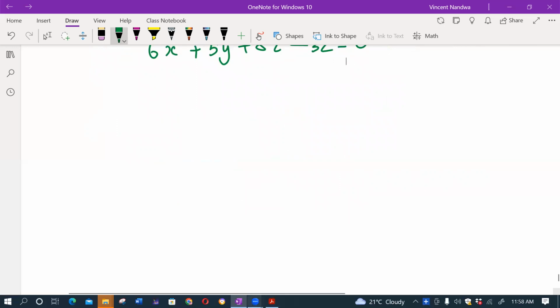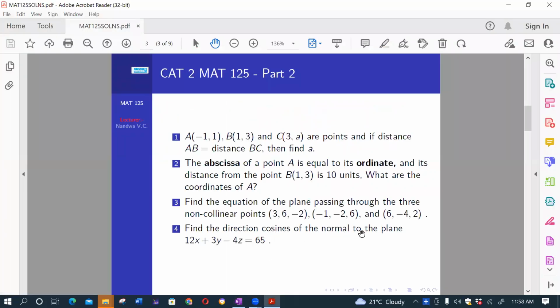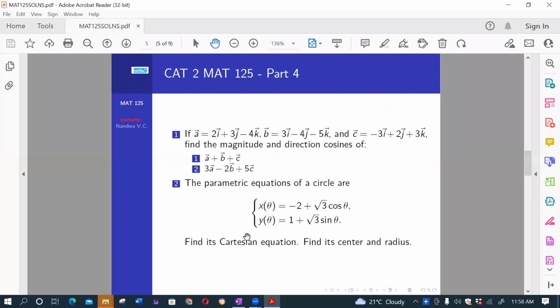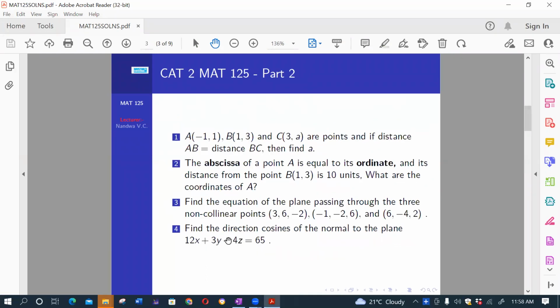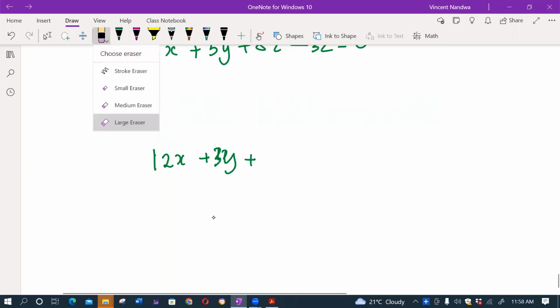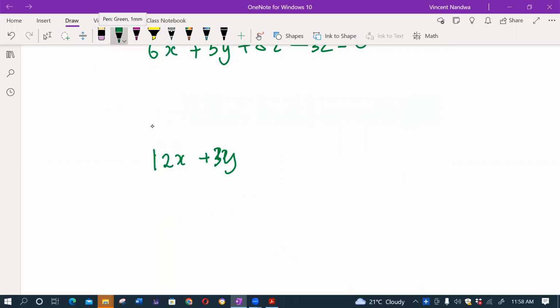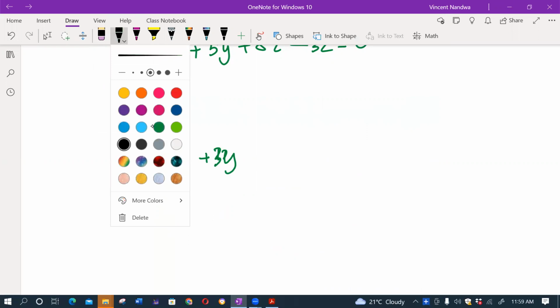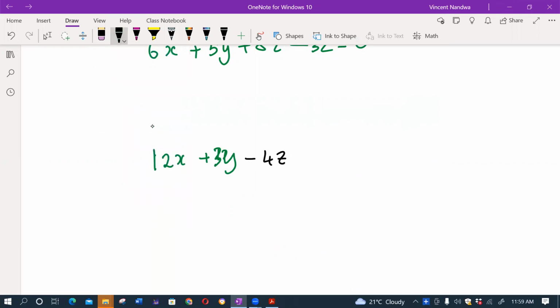And then the last question, find the direction cosines of the normal to the plane 12x plus 3y minus 4z equals 65. So we have 12x plus 3y minus 4z equals 65.